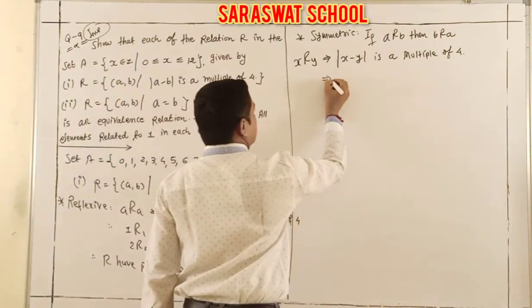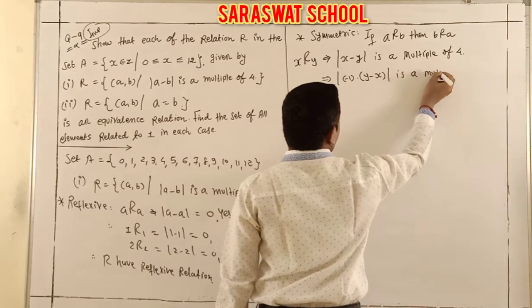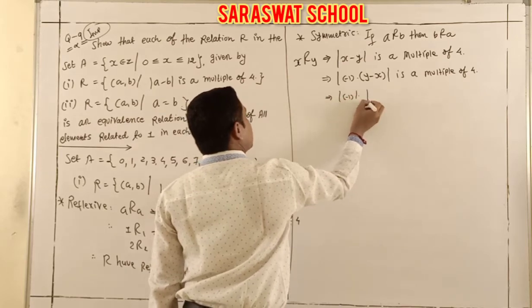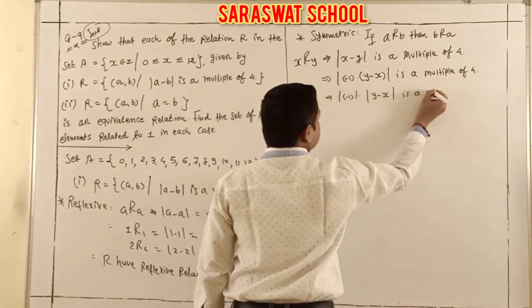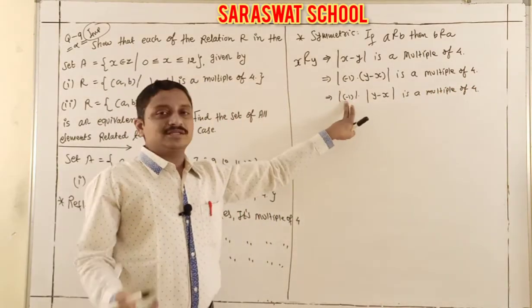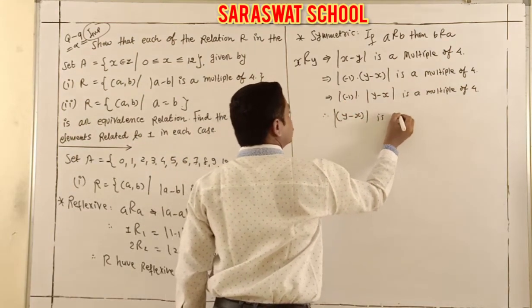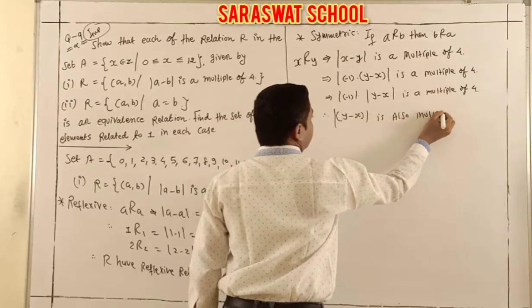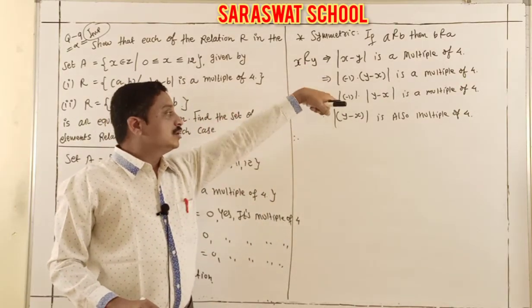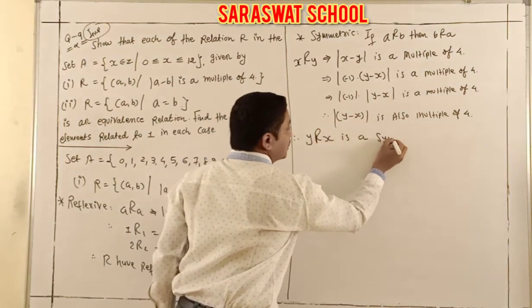It means here the minus sign comes outside. |y minus x| is a multiple of 4. So can I write it down? It is minus 1 separate and |y minus x| is the same multiple of 4. And the modulus of minus 1 is 1. So definitely |y minus x| is also a multiple of 4. It means the relation is done. x to y, I take it true. So here also true, y to x. It is a symmetric relation.